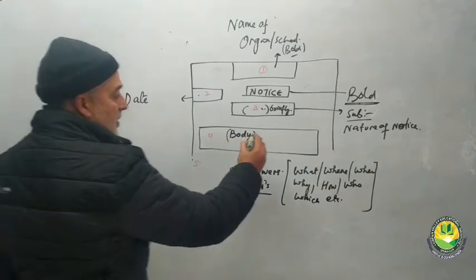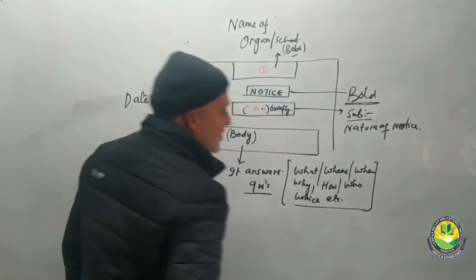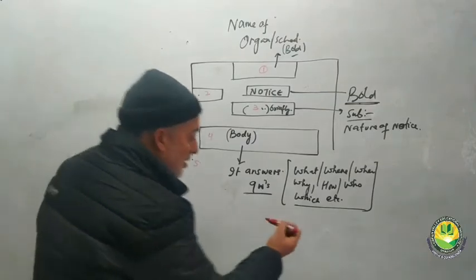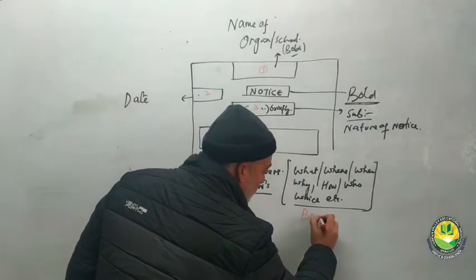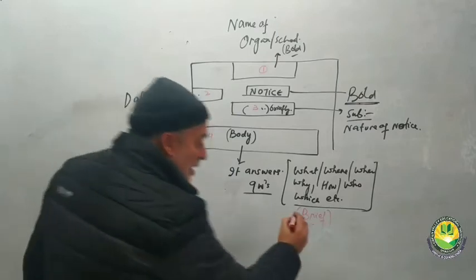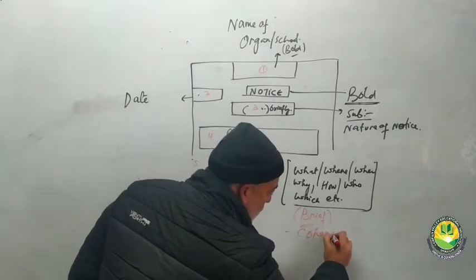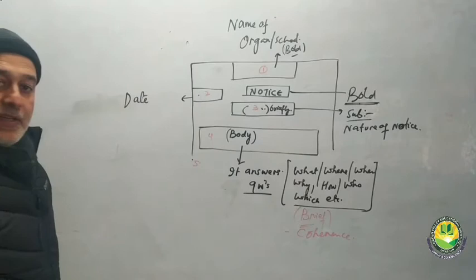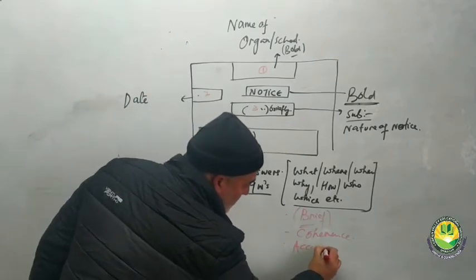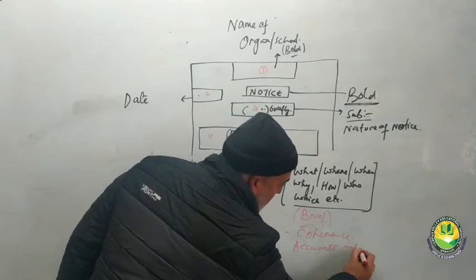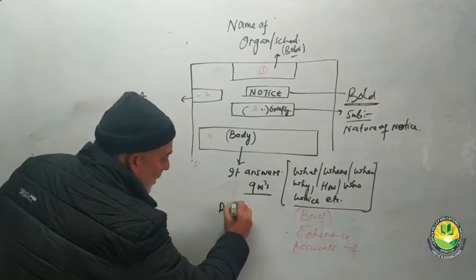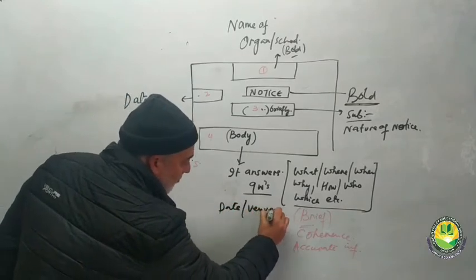And after answering these questions, take one thing into consideration. You have to be very brief, and then there should be coherence. Third, give accurate information along with the accurate date and venue.